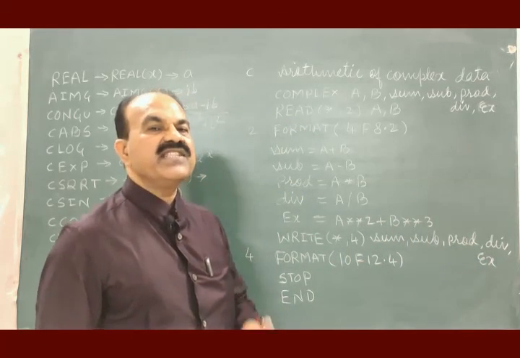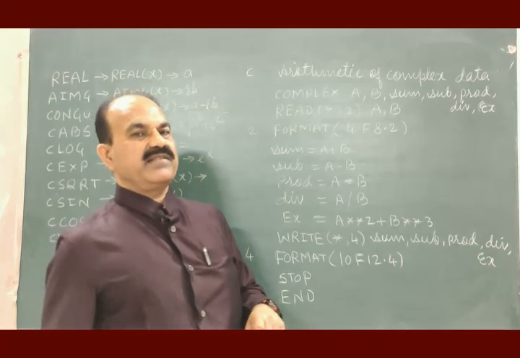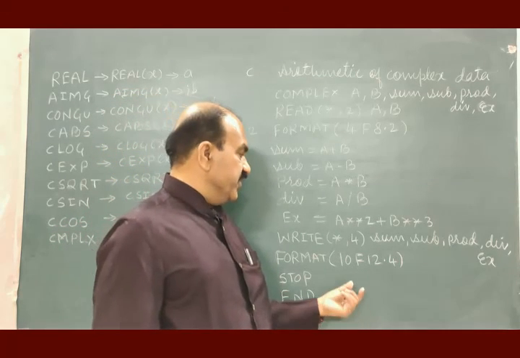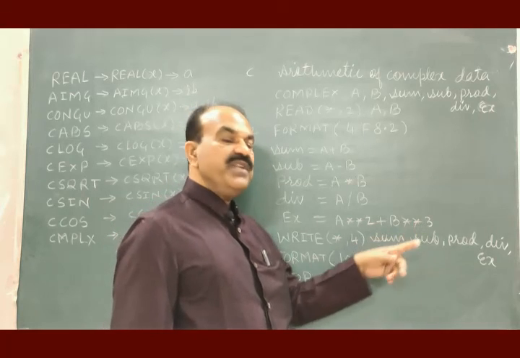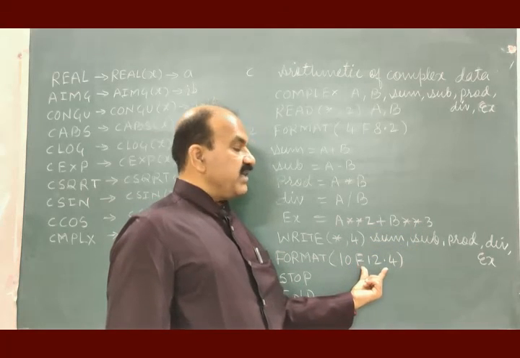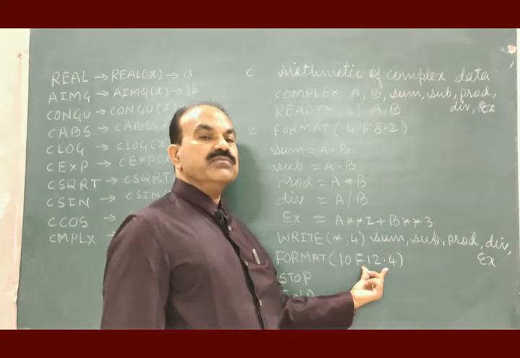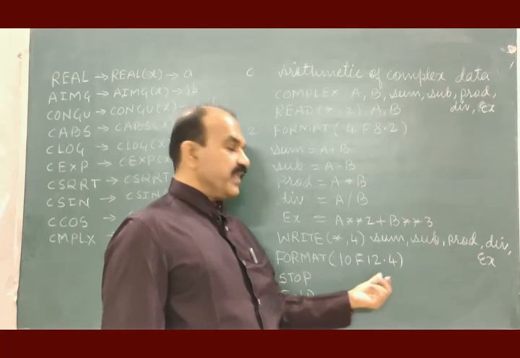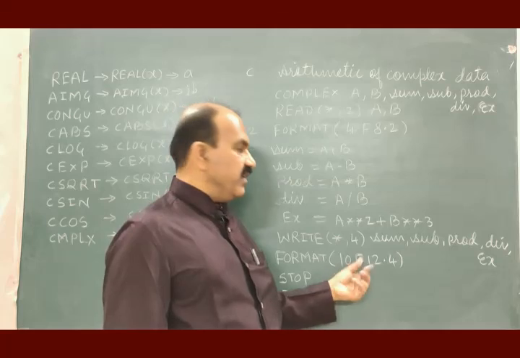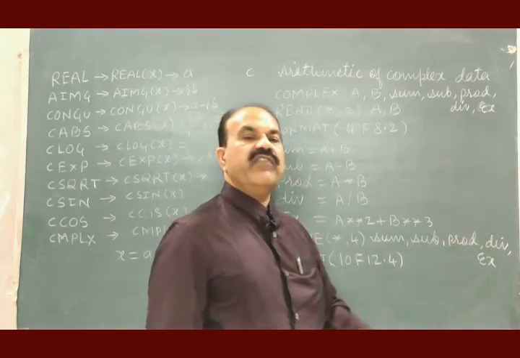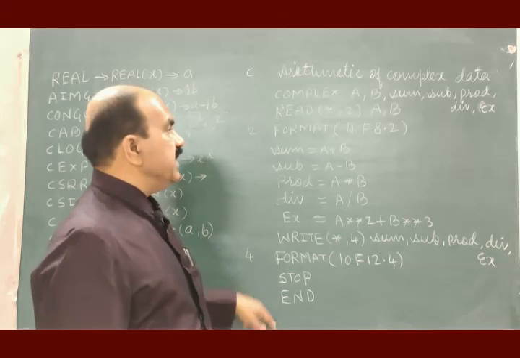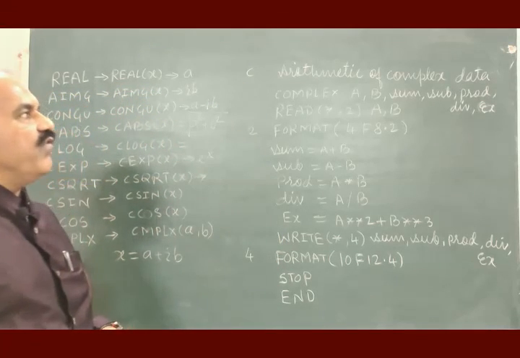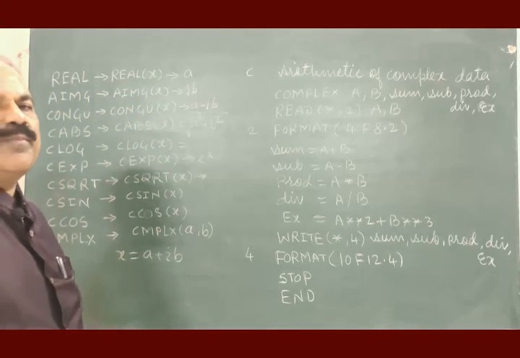Each variable has a real part and an imaginary part, and we have to print the real and imaginary part of each of these variables with the format f12.4. Therefore, I have taken 10 here: 5 twos are 10. Okay. Stop. This is a small program for arithmetic of complex data.